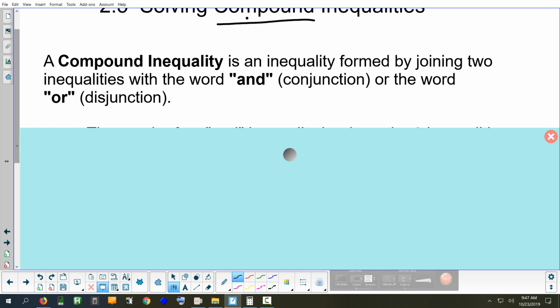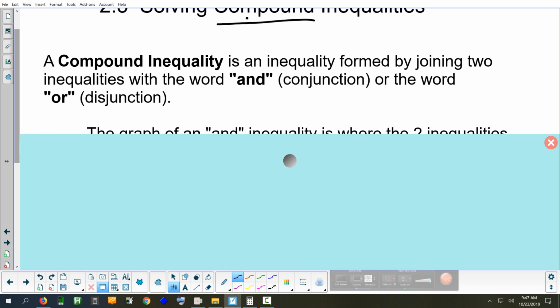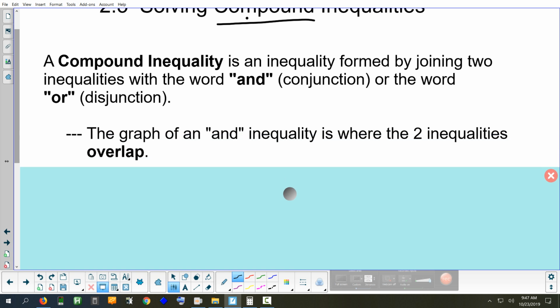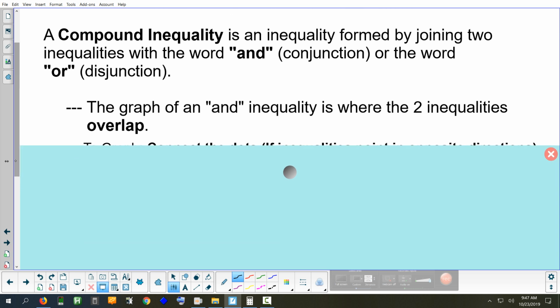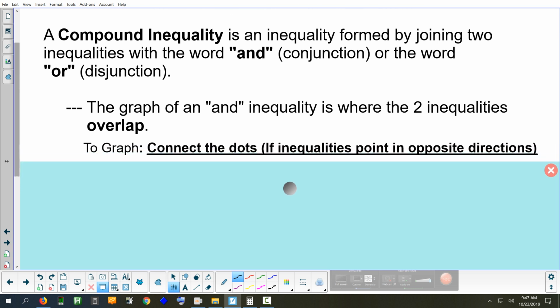Okay, so when we want to graph an and, what we're going to be looking for is overlap. So the graph of an and inequality is where the two overlap. And I'll show you what that means. Where it says to graph, this is what you want to fill in, what's underlined.